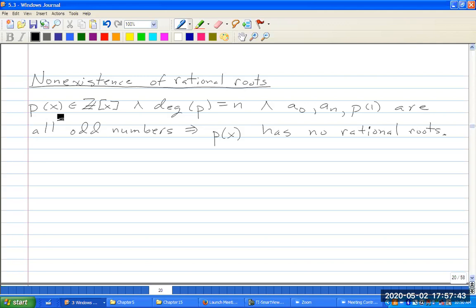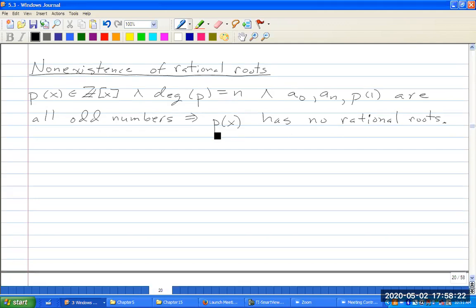Suppose you have some polynomial with integer coefficients and the constant coefficient, the leading order coefficient, and the value of your polynomial at 1 are all odd numbers. Then you know that your polynomial has no rational roots. So this is a fairly easy criteria to look at. You just look at 3 numbers.